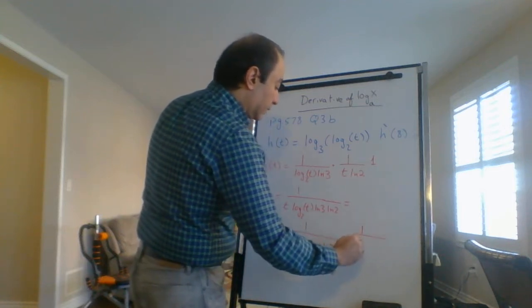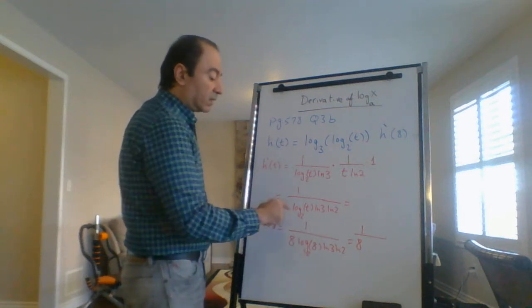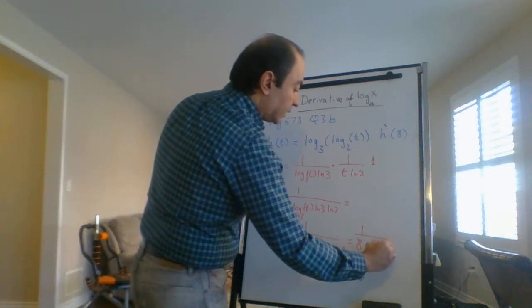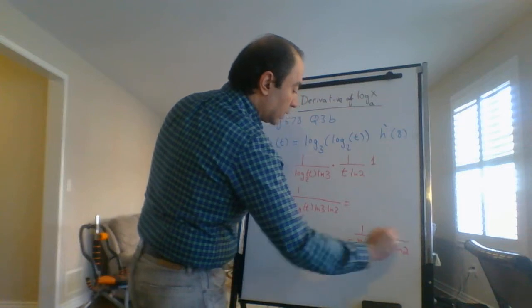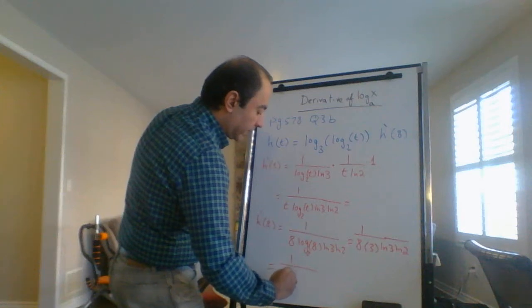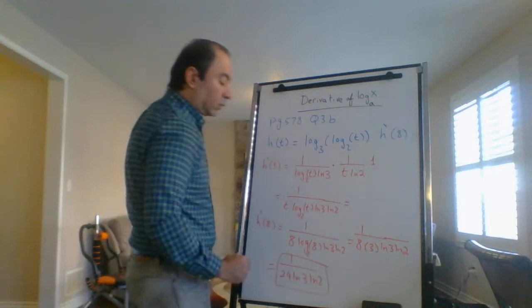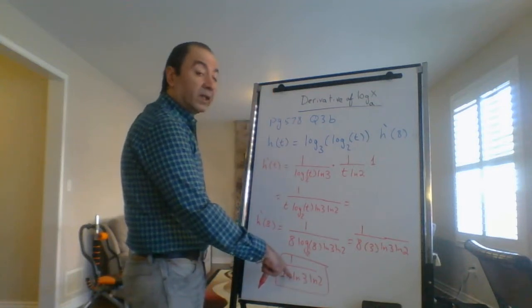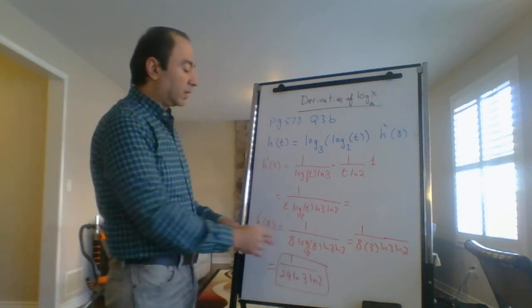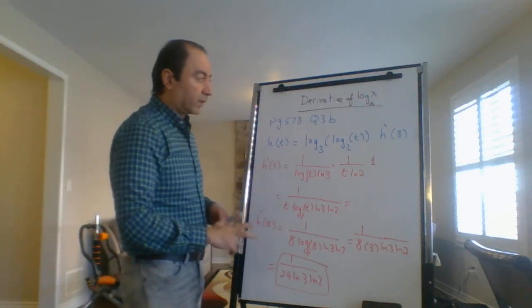That's 1 over 8 times, log 8 base 2 means 2 to the power of what equals 8, which is 3, ln 3 ln 2, and I can write this as 1 over 24 ln 3 ln 2. This is the answer. If you want to write it in decimal, you calculate ln 3 using the calculator and ln 2 using the calculator and multiply the denominator and find the answer. But up to here, you get the full mark.